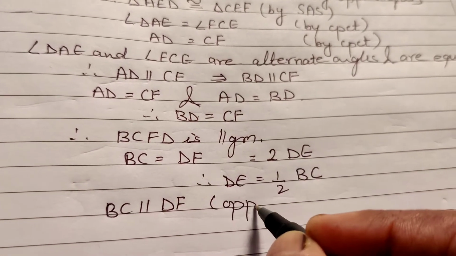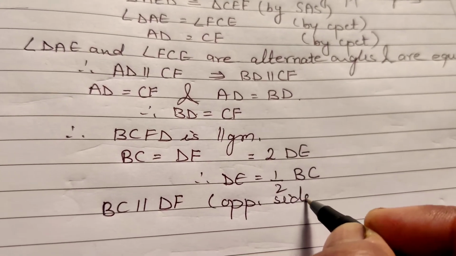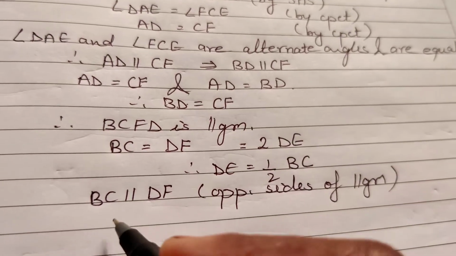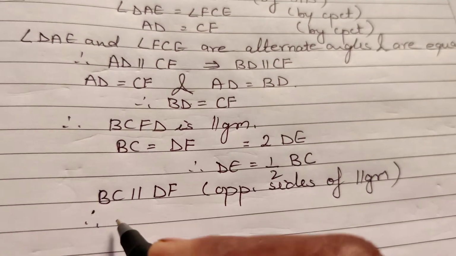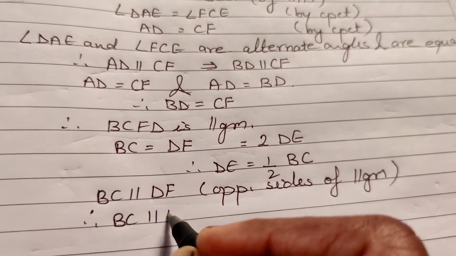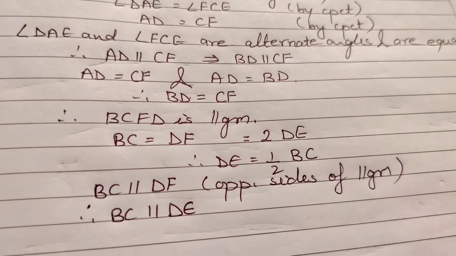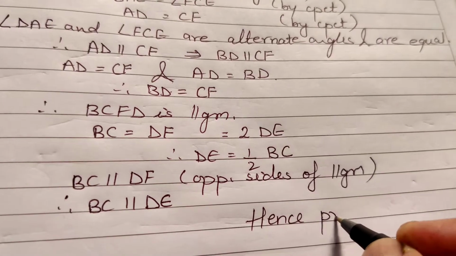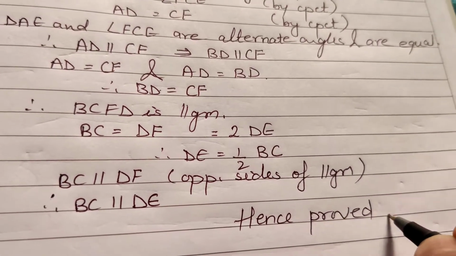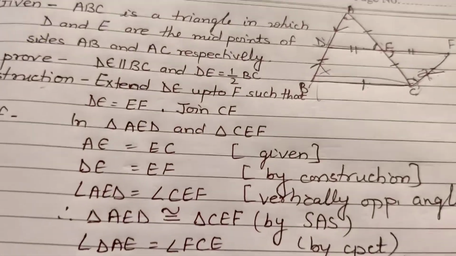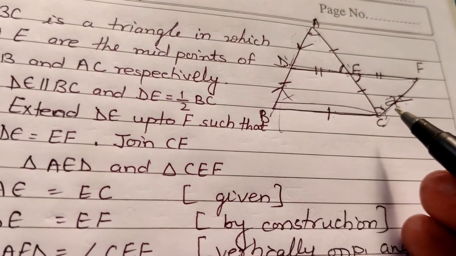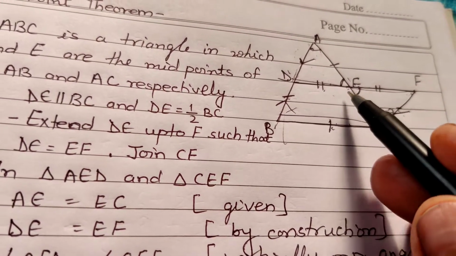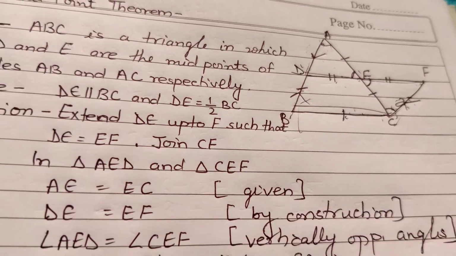Opposite sides of a parallelogram. Therefore, BC parallel to DE. Okay, hence proved. The midpoint theorem says that the line segment joining the midpoints of two sides of a triangle is parallel to the third side and equal to half of it.